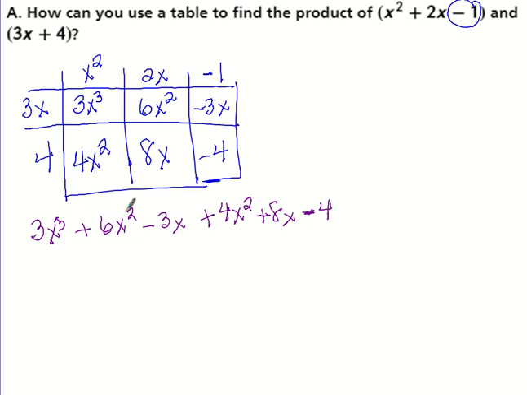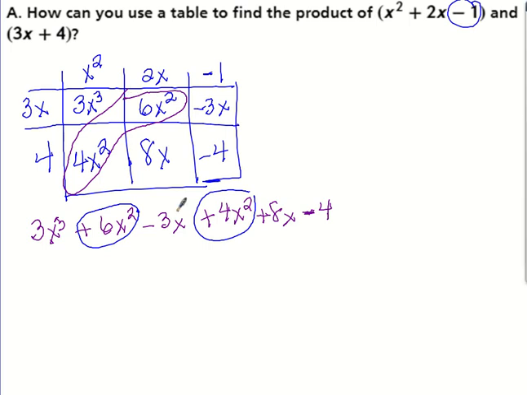So I only have one of those. Here's an x squared, and here's an x squared. And if you notice in the chart, just a hint, they're diagonal to each other right here. And then I have a negative 3x and a positive 8x. And look at that, they're also diagonal to each other right here, like a little peanut.